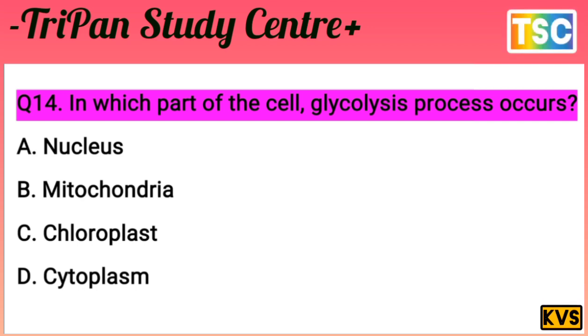But first of all, check the answer. Remember that glycolysis takes place in the cytoplasm. The cytoplasm is a gel-like material or fluid present inside the cell and surrounded by the cell membrane.